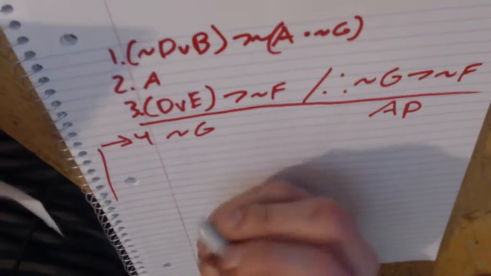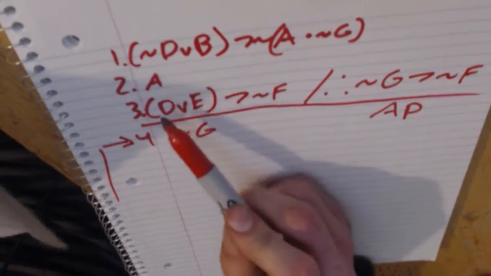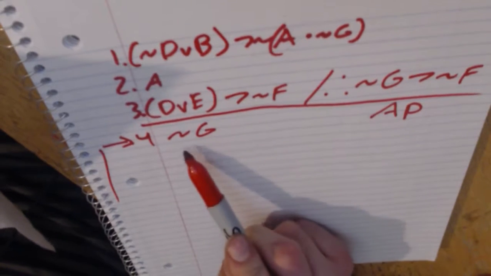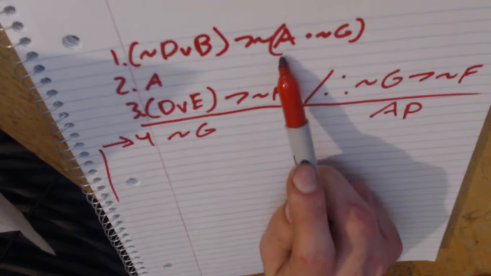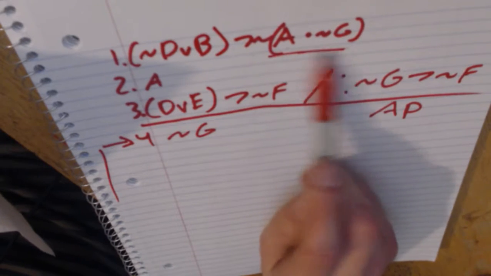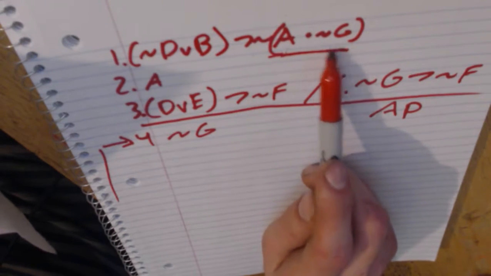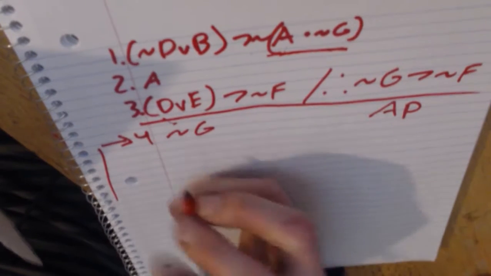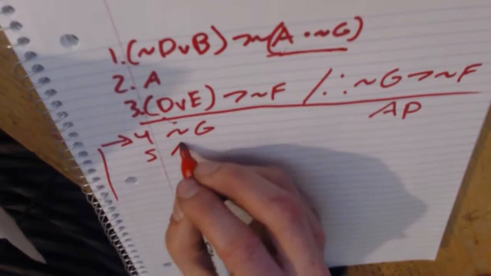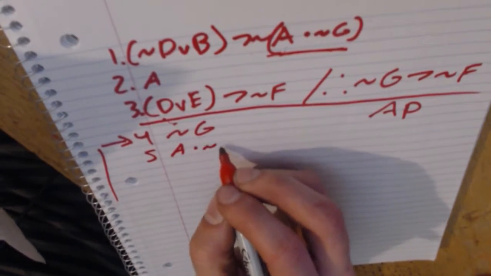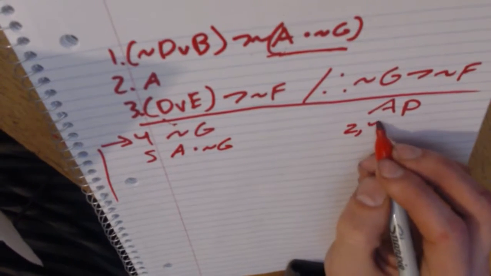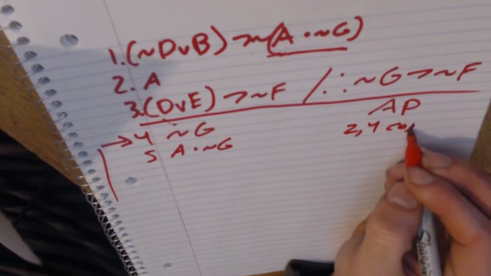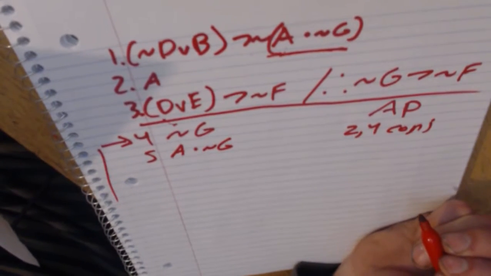Alright, so like I said, now we have this A all by itself, right? And we have this not G right here. Well, look right up here. Doesn't that look fancy? We have an A and not G. So, for line 5, why don't we do A and not G by taking lines 2 and 4 with the rule conjunction, okay?